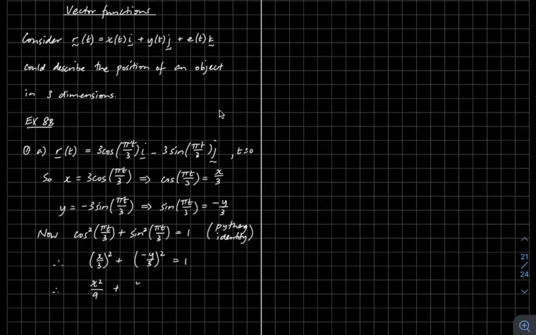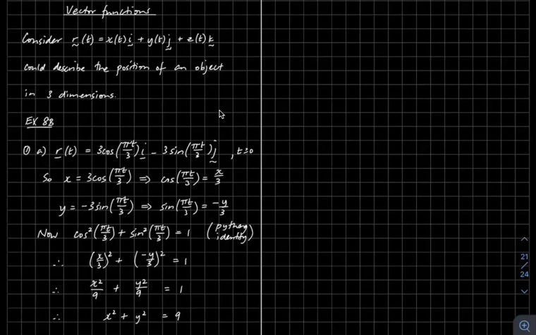x squared over 9 plus y squared over 9 equals 1, so the negative will disappear in that process there. x squared plus y squared equals 9. So hopefully we can see there that the path being travelled by the particle which has this position vector is in fact a circle of radius 3.